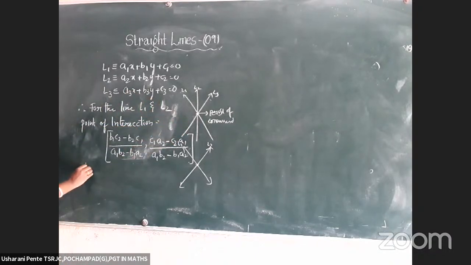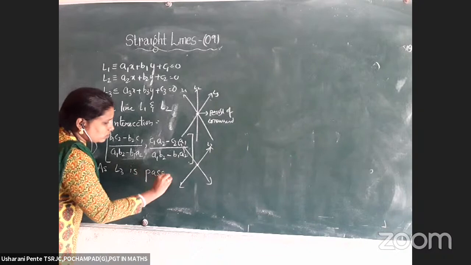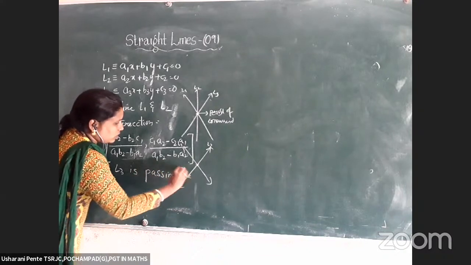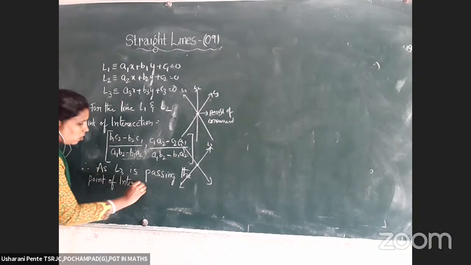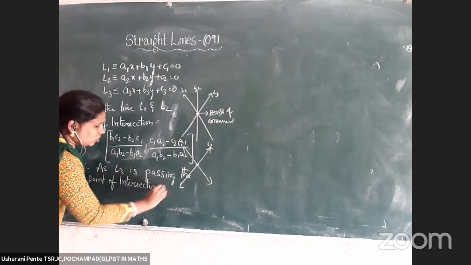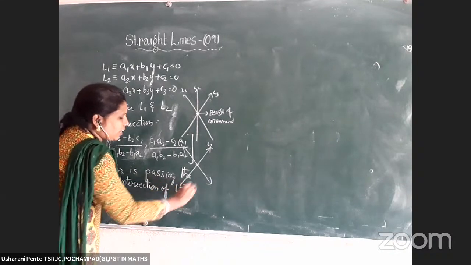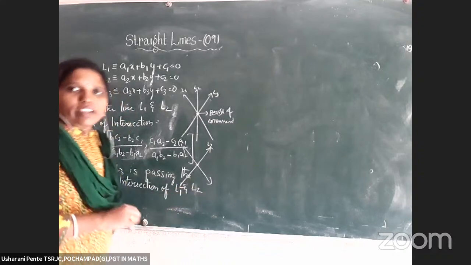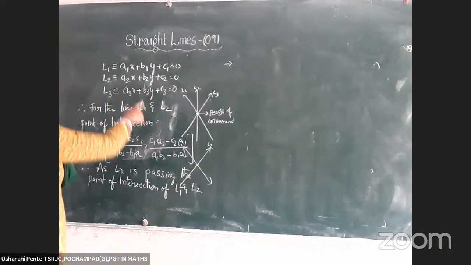Therefore, as L3 is passing through the point of intersection of L1 and L2, we are substituting this point in this equation.